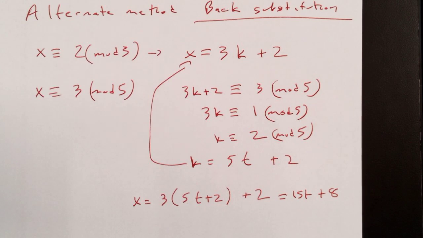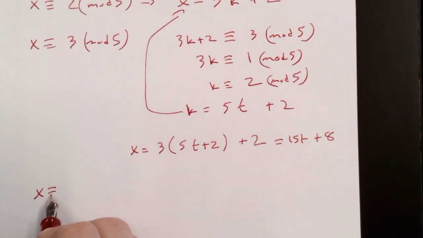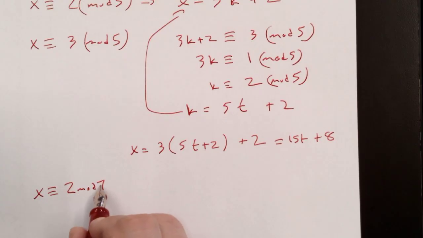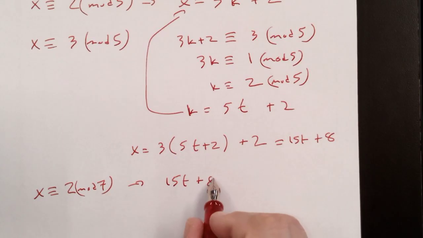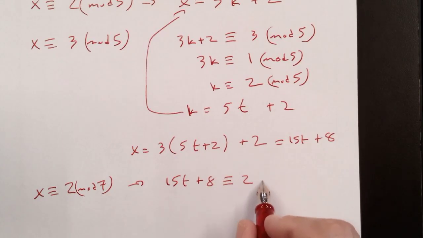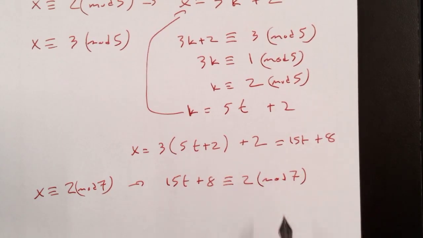Go to the third equation. What's the third equation about X? X is congruent to 2 mod 7 means that 15t plus 8 must be congruent to 2 mod 7.